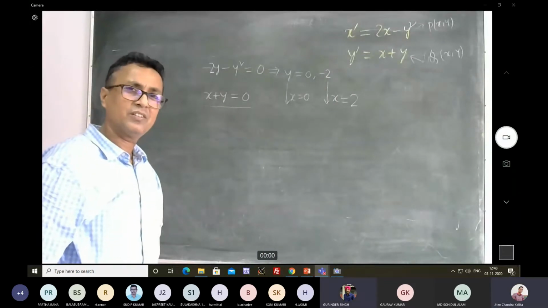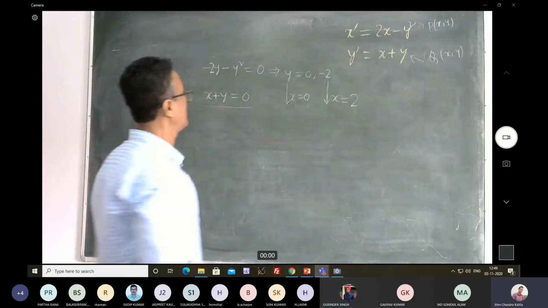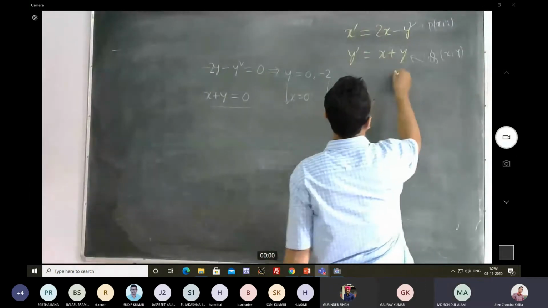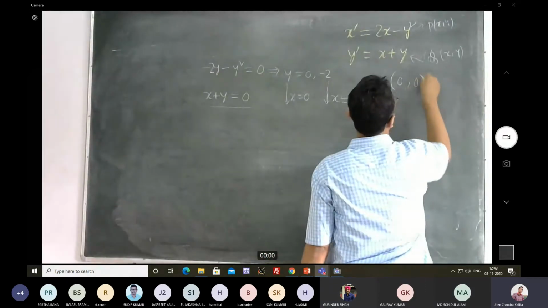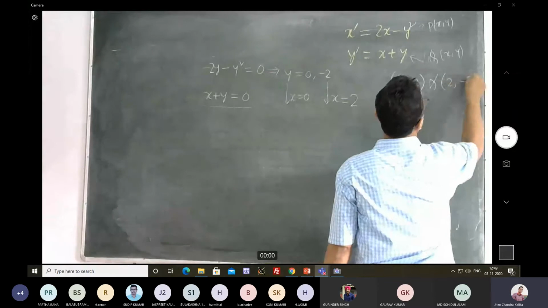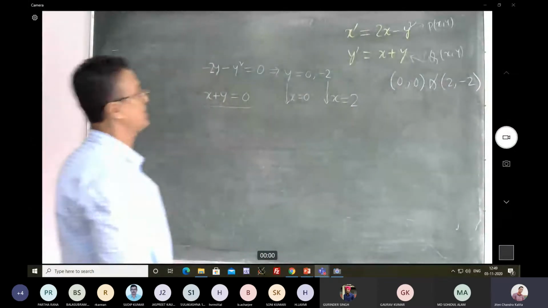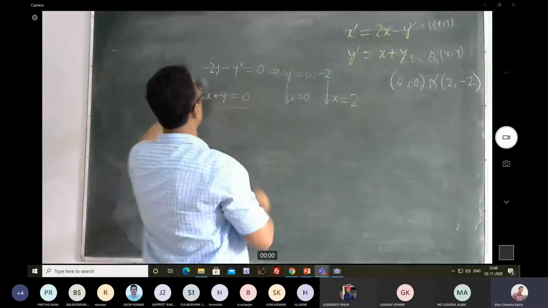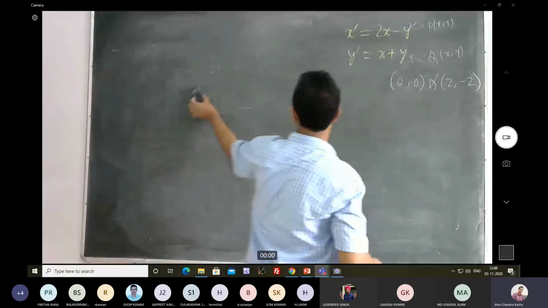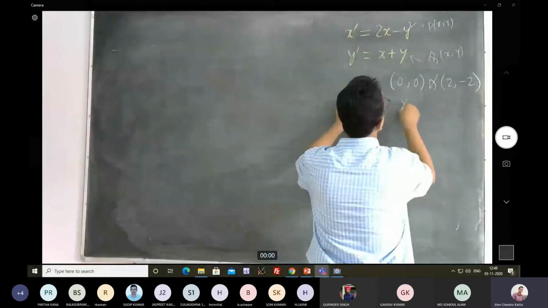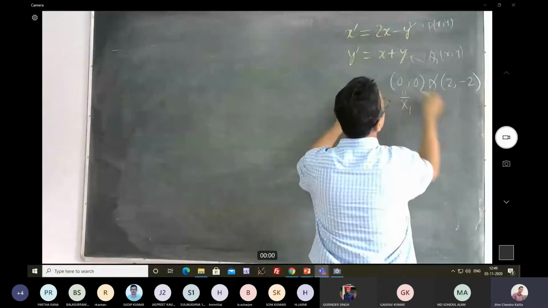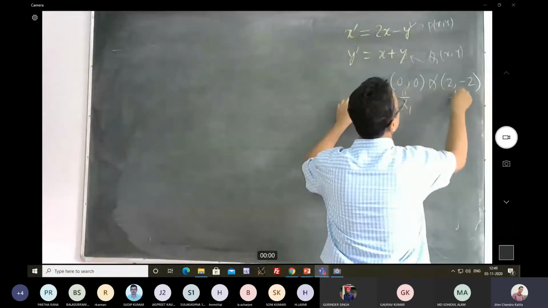Are you getting my point? Okay. So basically, what we have got, (0, 0) and (2, -2) are my critical points. That part is done. So we have found two critical points. This is x1, and this is x2.